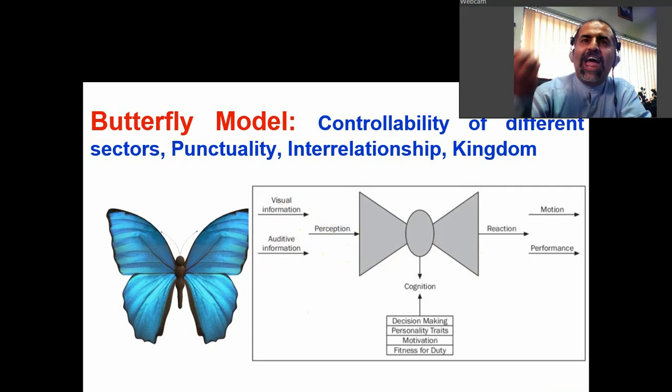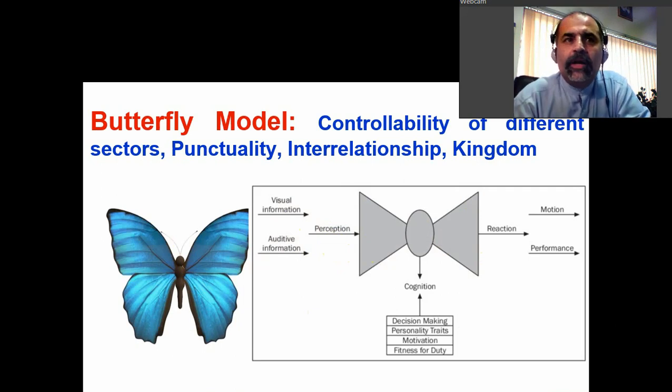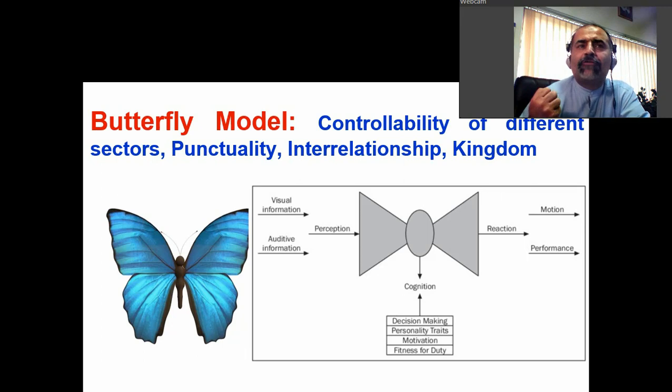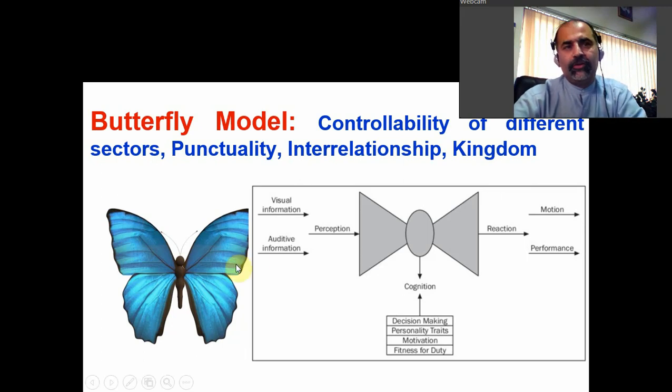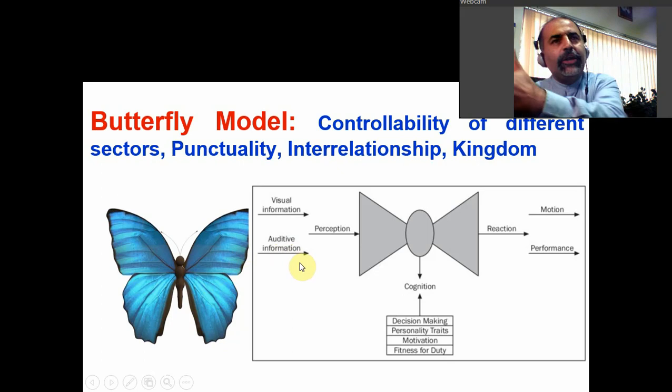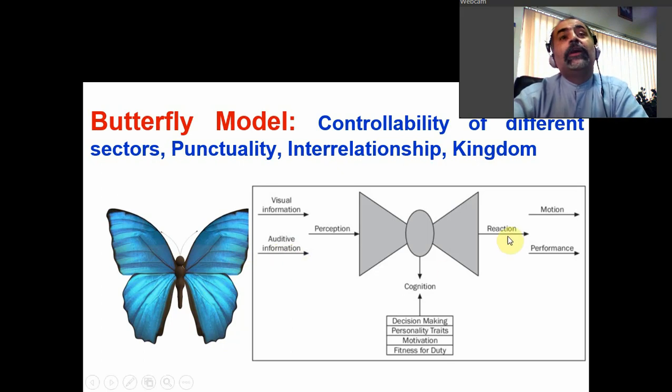Perceptions are awareness, which has come from visual information and auditory information. And where do they go? They go to reaction, which totally depends on motion and also performance.